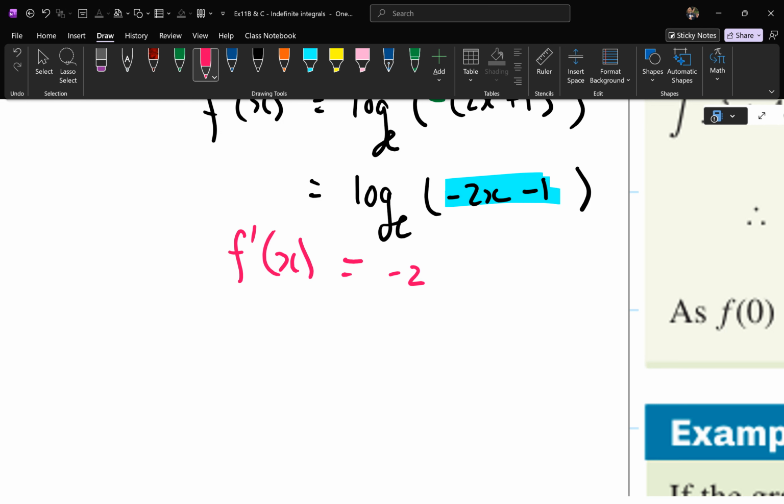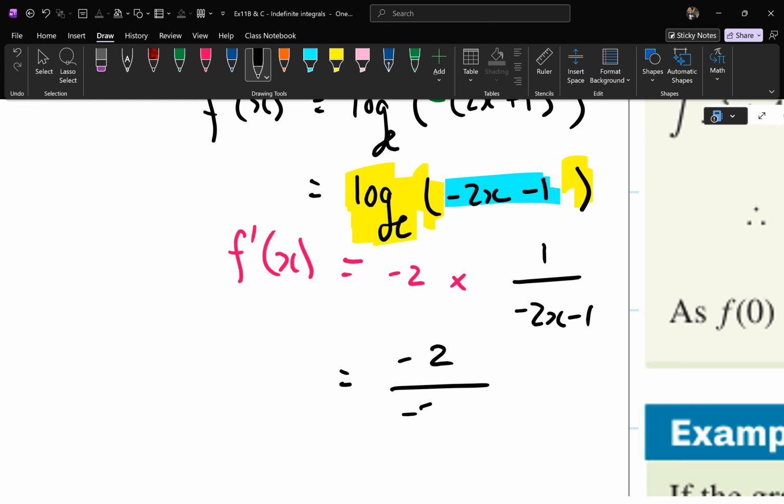And then now if I said, find the derivative of the outside, that should be the same thing again. It should be 1 over whatever you currently see. But here, hopefully you start to see something a bit odd. When I put it together, I get -2 over -2x minus 1. But notice there's 2 negatives on the bottom.